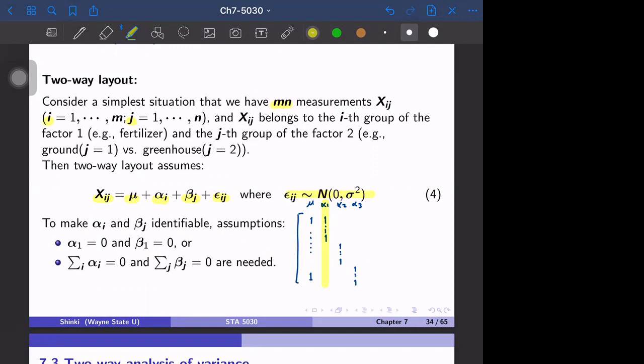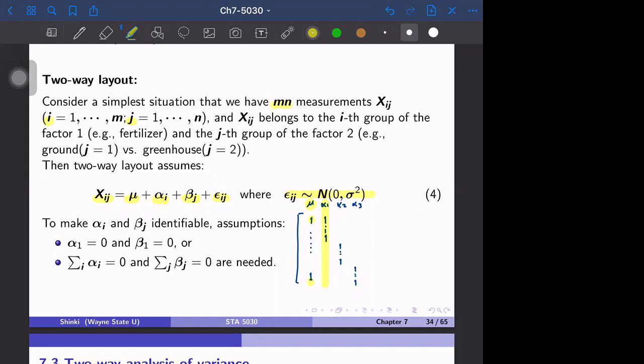And if we have all the alpha i's, for example, i equal to 1 to 3, and we consider alpha 1, alpha 2, alpha 3, that is redundant, because suppose that we have 3 levels, then mu is the coefficient of the intercept. If we think about the design matrix, model matrix, this is all ones.